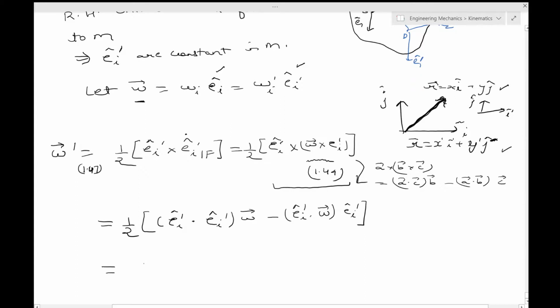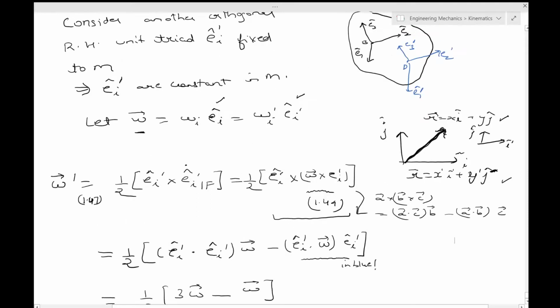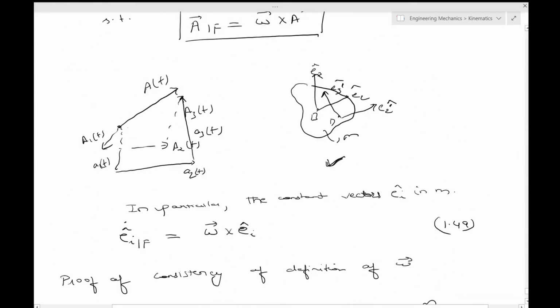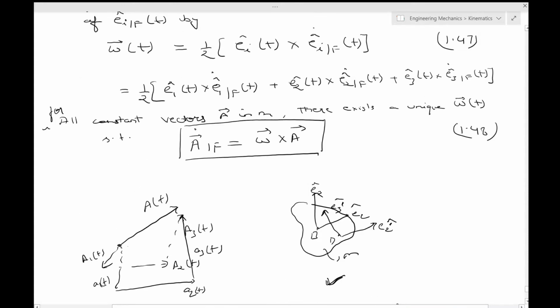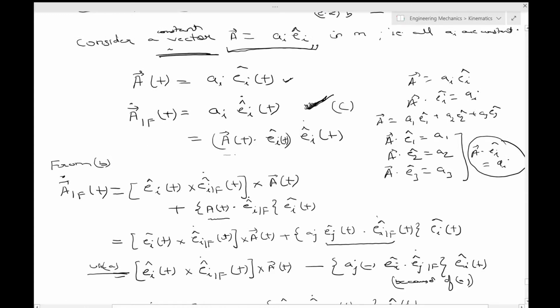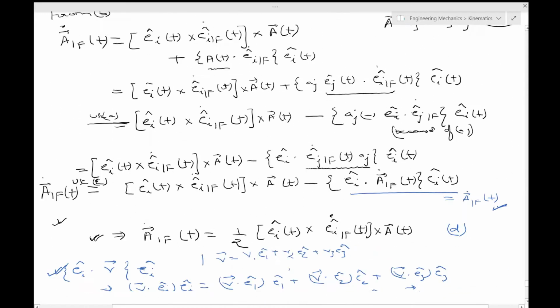This should be equal to half into 3 omega minus omega. Okay, this particular thing we have already seen in blue over here.